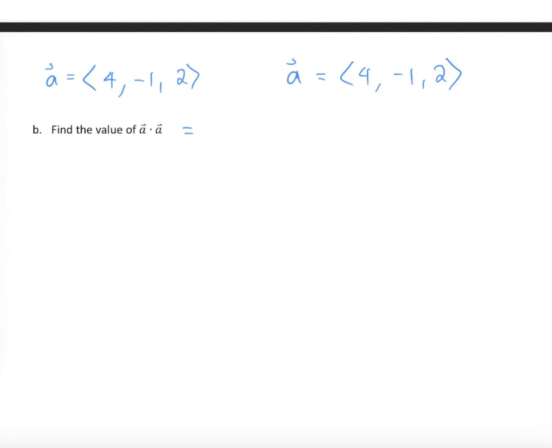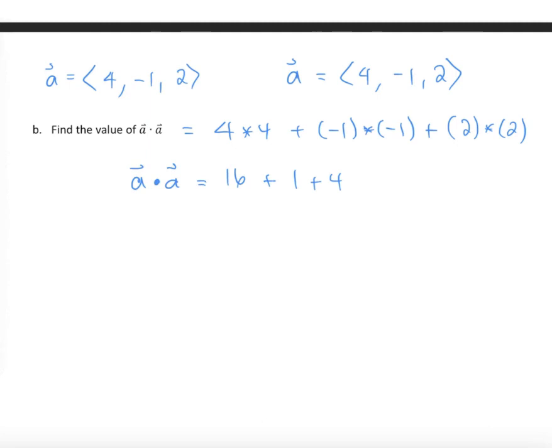So A dot A is going to be 4 times 4 plus -1 times -1 plus 2 times 2, and the dot product of vector A with itself is going to be 16 plus 1 plus 4, which is 21. Again, when we dot product two vectors together, we get a scalar quantity. 21 is not a vector, it's just a real number, so we call that a scalar.